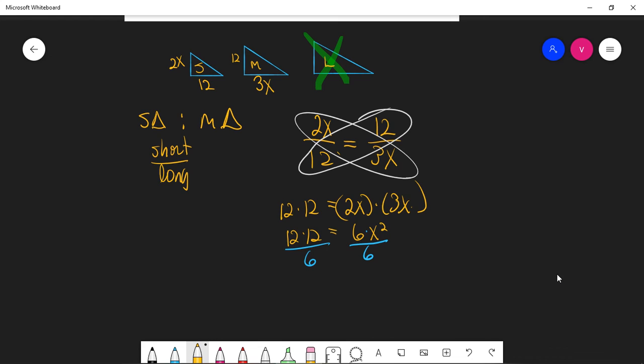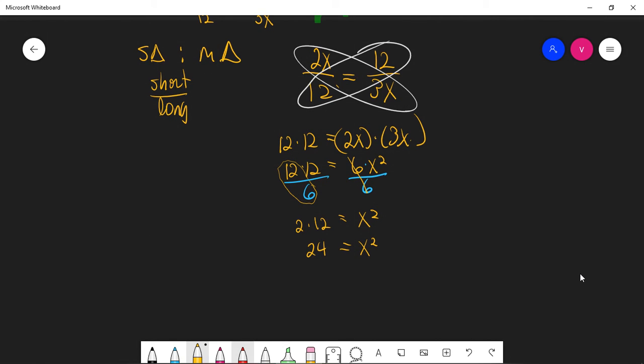Stick that in your calculator. Let's see. Those two go away right there. 12 divided by 6 is 2. Okay, times 12 equals x squared. All right, so 2 times 12 is 24, is equal to x squared.